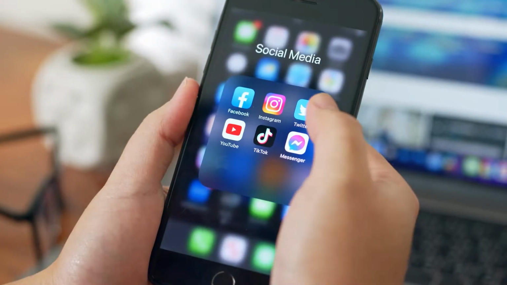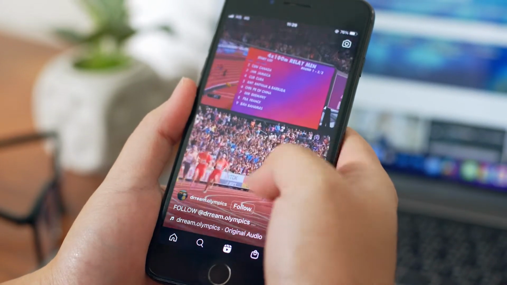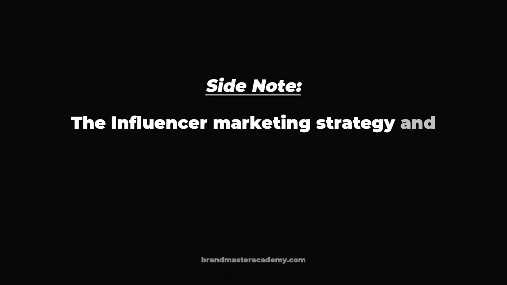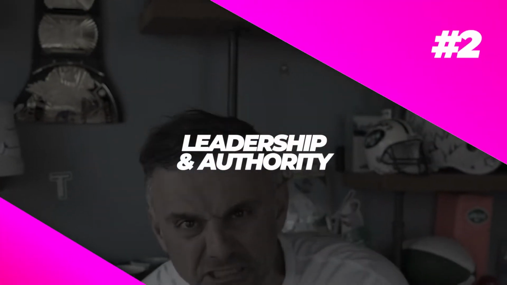Social media, though, has changed the face of the game, and today we have micro-influencers in every category, from travel and adventure to craft and everywhere in between. The rise of the micro-influencers has opened the brand ambassador strategy to new brands and normal people. Now, just as a side note, the influencer marketing strategy and the brand ambassador strategy are not exactly the same. More on that later.